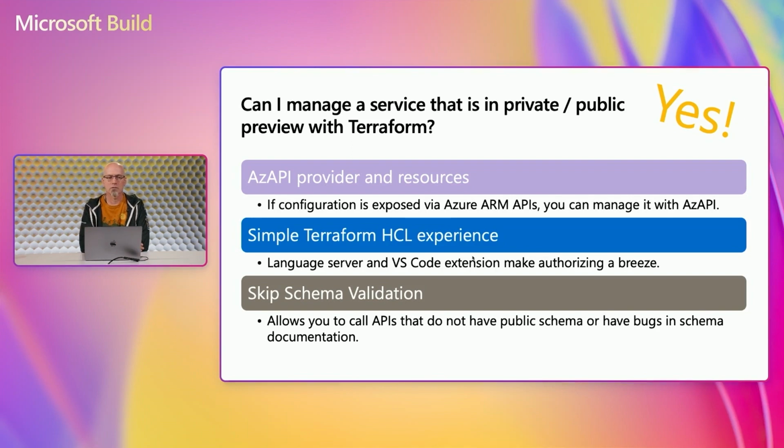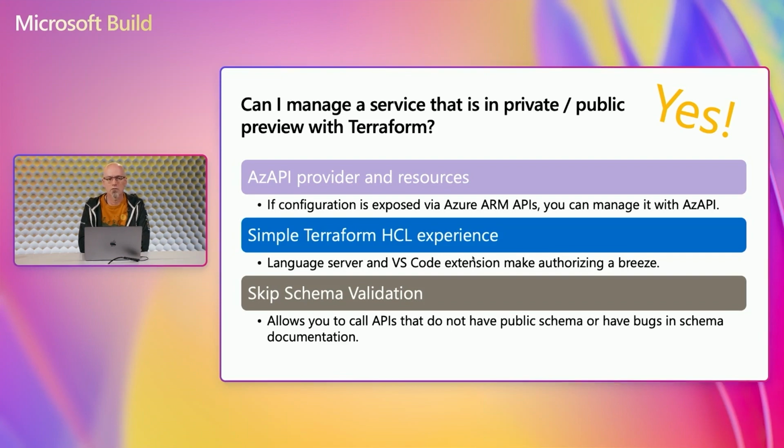So if you're given specific information about how to call an API that's not documented, and by not documented, it's just not yet documented, or the documentation is not accurate, you have the ability to skip that and pass whatever information to Azure and let the Azure endpoint return any errors or confirmation to you. So it gives you the ability to manage, like I said, anything in Azure.